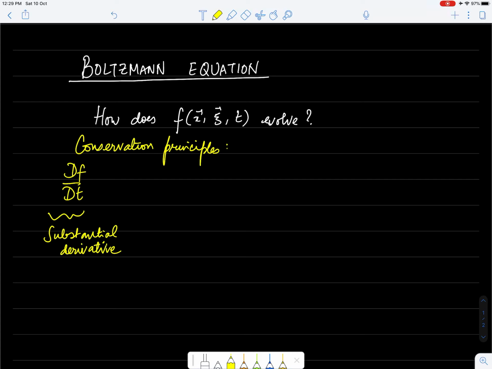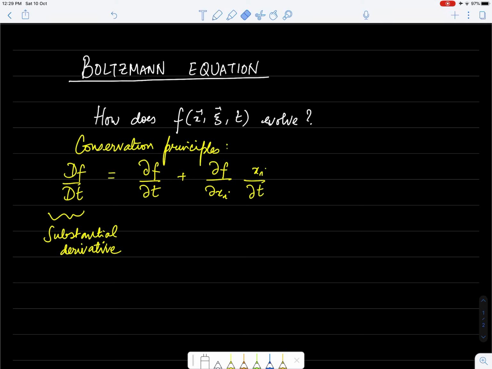The total change in f could be written in terms of the change in f by each of the individual variables. So I could write this as df by dt plus change in f because of change in position, because of change in the time variable.